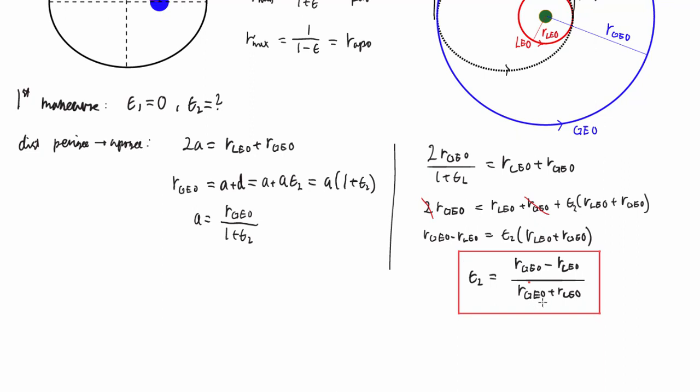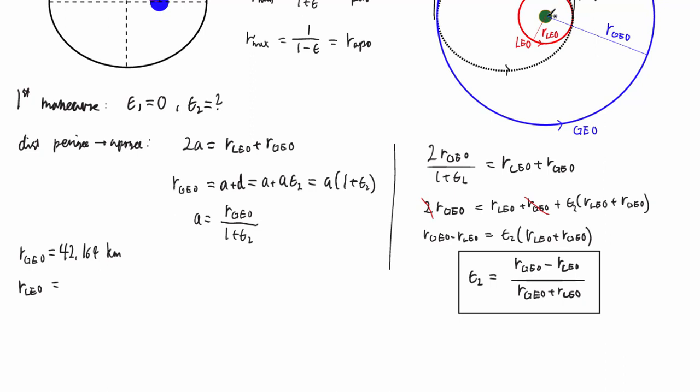So with the help of this result, we can now calculate what epsilon 2 should be if we just know the parameters for R LEO and R GEO. And we do. The geosynchronous Earth orbit, or geosynchronous equatorial orbit, has a radius of 42,164 kilometers. Now the low Earth orbit might vary depending on what kind of vehicle you use in order to put it into this orbit, but roughly an altitude of 1,000 kilometers is reasonable.